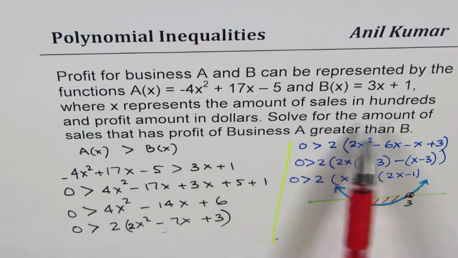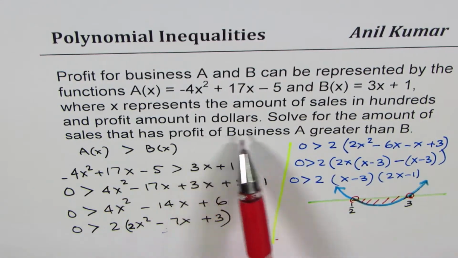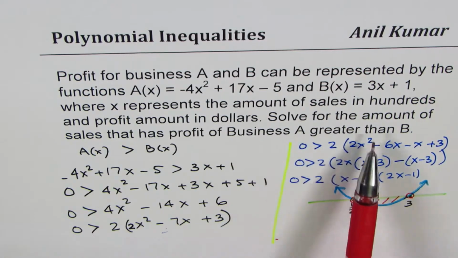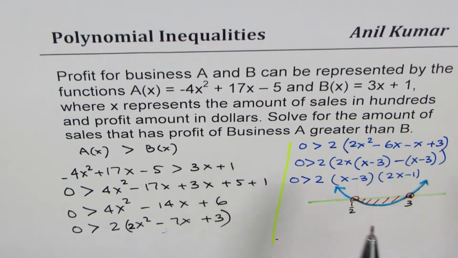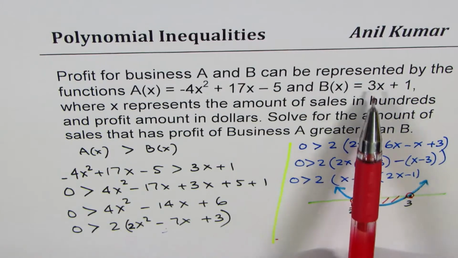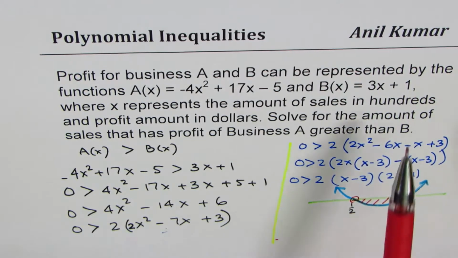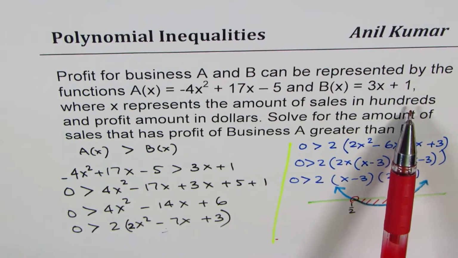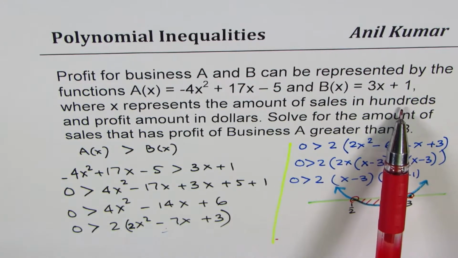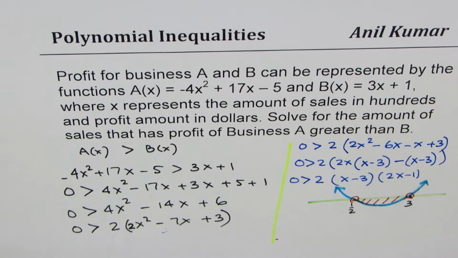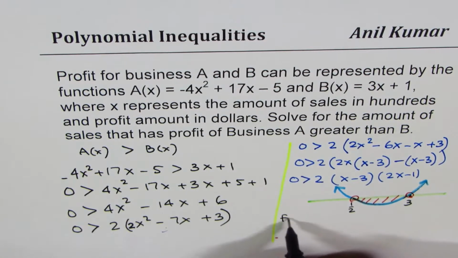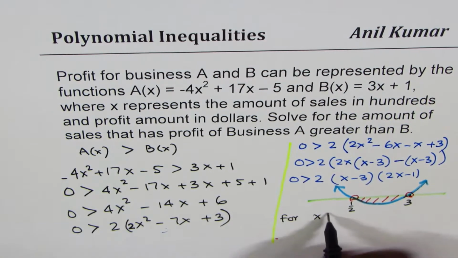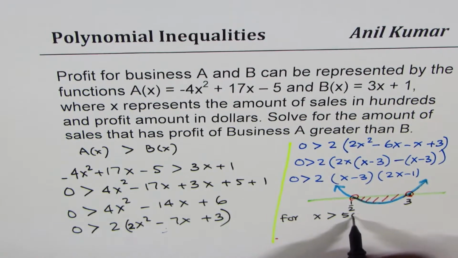So when it says solve for the amount of sales that has profit of A greater than B, if x is more than half here, x value is in hundreds, right? So it is half of 100, that means more than 50, right? So we get our answer as x greater than 50.